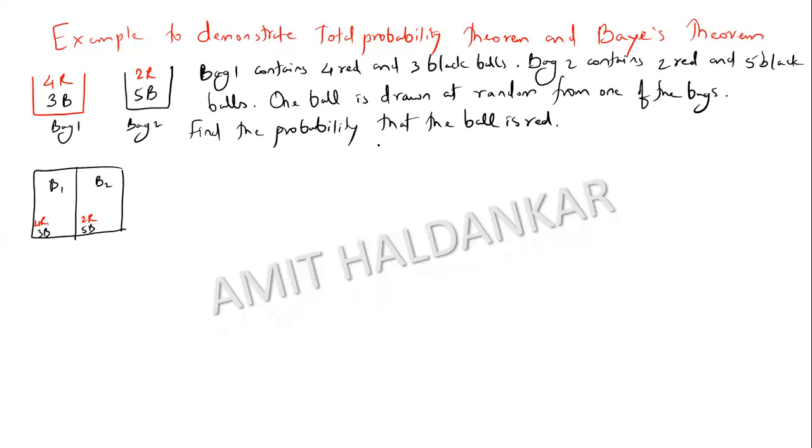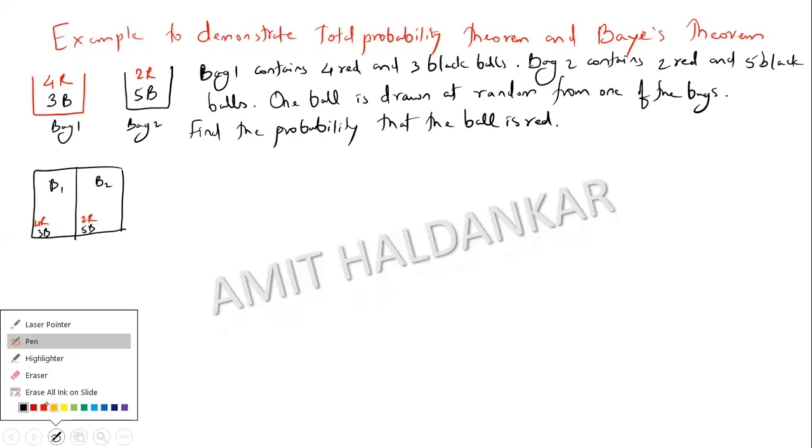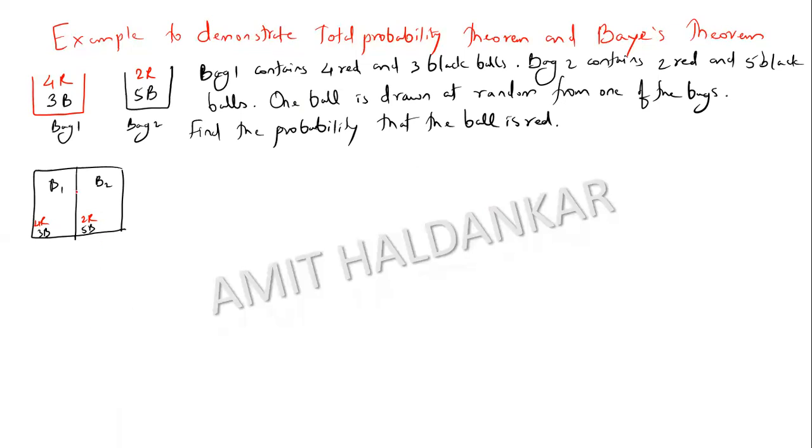But one ball is drawn at random from one of the bags. Now I have to select a bag. And what do we get? We get another event which says ball is red. So this is again an event R which I have defined over here.